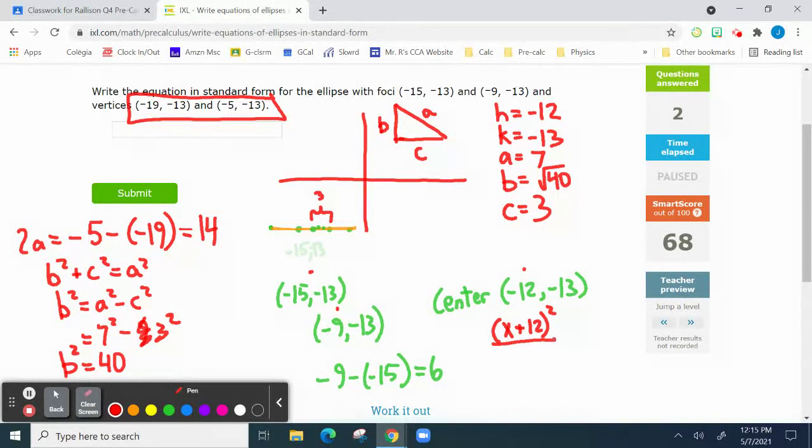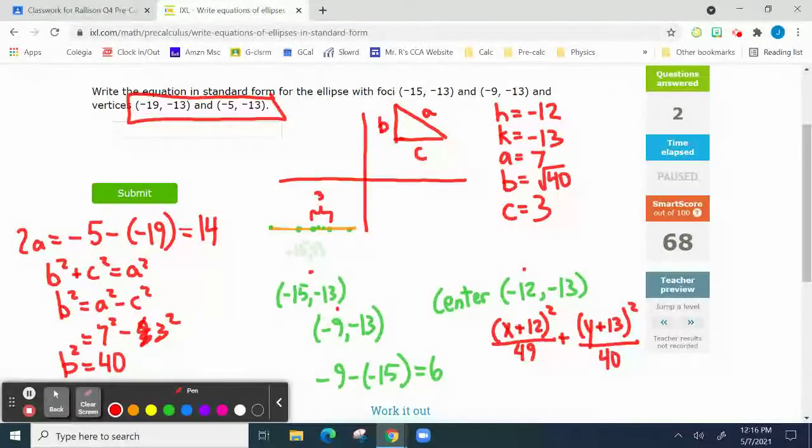And x, the horizontal dimension is the major axis, so we're going to use a. 7 squared is 49, plus, and then we're going to have y, and y is going to be minus negative 13, so it's going to be y plus 13 squared over square root of 40 squared is 40, right?